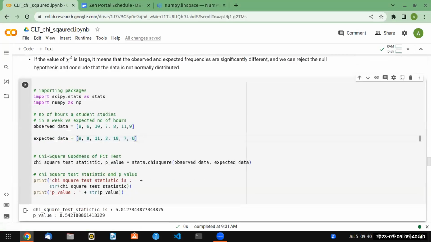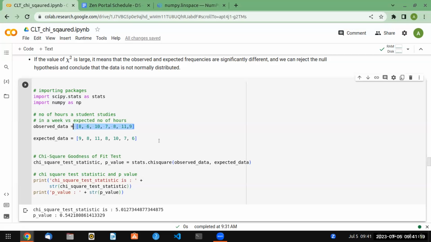I captured some data from a distribution; forget about whether it is normal. I don't know which distribution it is following. This is my expected data, and this is the data I currently have. Whether these two data sets are similar, following a similar distribution or not, how do we know that? Using this goodness of fit test.